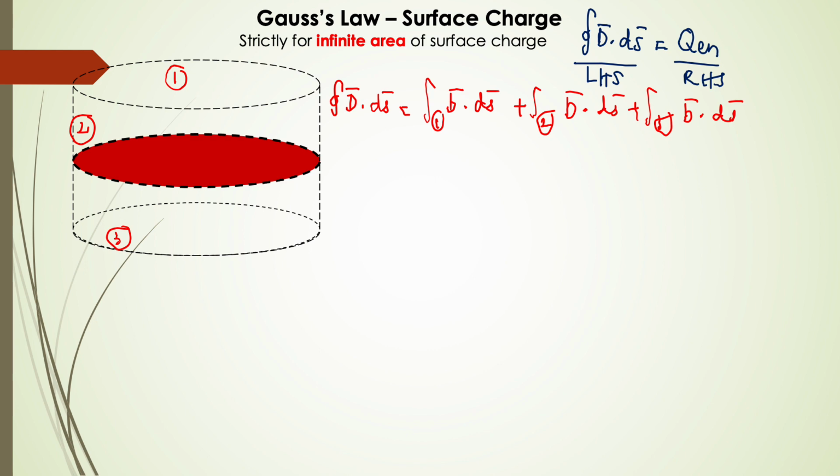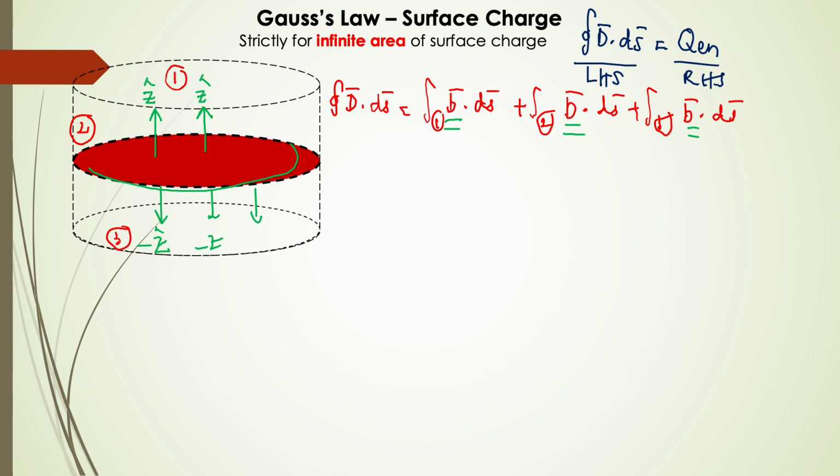For the first surface, let's decide your D first. In which direction is your D, your flux here? The flux produced by this electric source, which is the surface charge, can exist in a positive z direction, and also in a negative z direction.